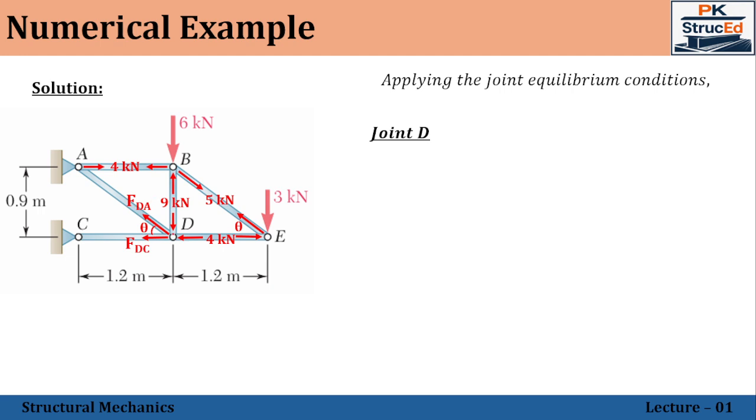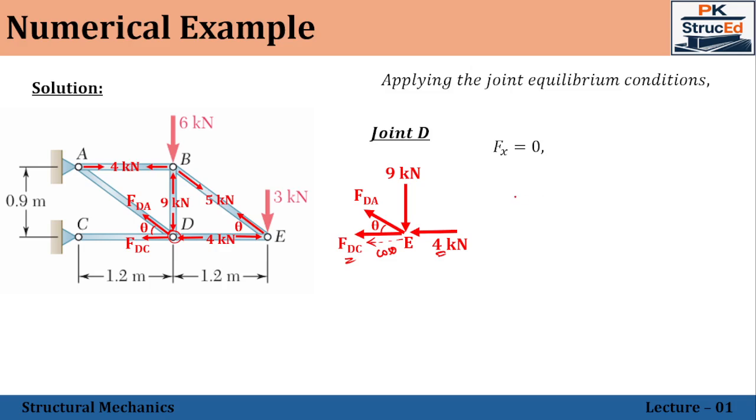So taking the forces which are acting at the joint D separately, we'll have minus 9 kilonewton. FDC is left side, FDA is also left side inclined, and we have minus 4, left side, it is 4. Right. So now applying the equilibrium equation Fx equal to 0, we have minus 4, minus FDC, and DA will have the horizontal component which will be acting towards left side. That will have the cos theta component.